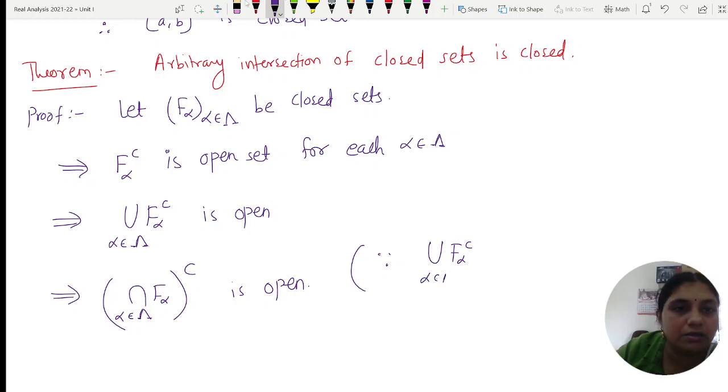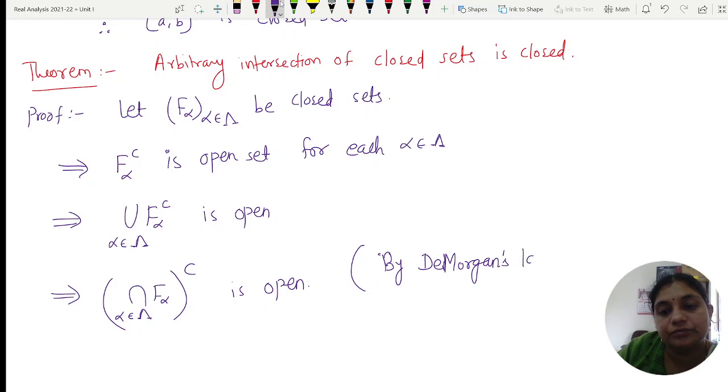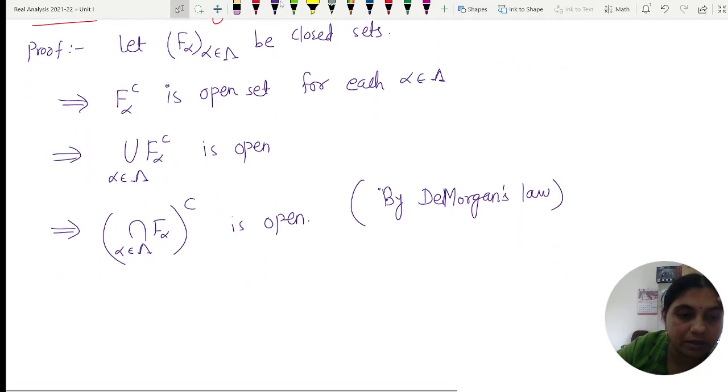alpha belongs to the directed set, and its complement is open by De Morgan's law. De Morgan's law, everybody knows? So now if this complement is open, what can I say about that arbitrary intersection?